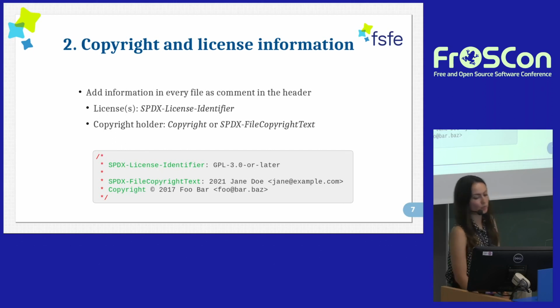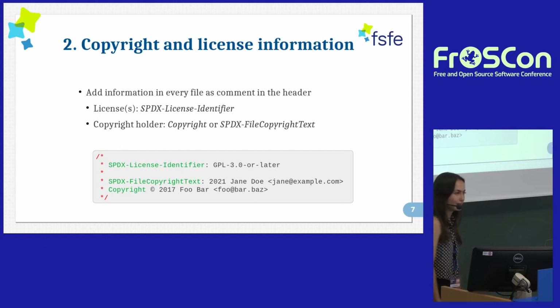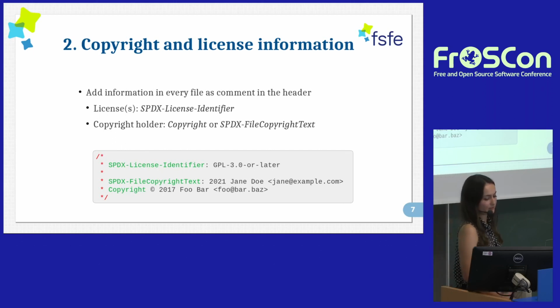And regarding the copyright text, we again encourage people to use the SPDX file copyright text tag. But if you already have the copyright or just the symbol of the copyright in your project, it's also fine. The tool will be able to identify it. But regarding the license, only the SPDX license identifier tag will be recognized by the tool.